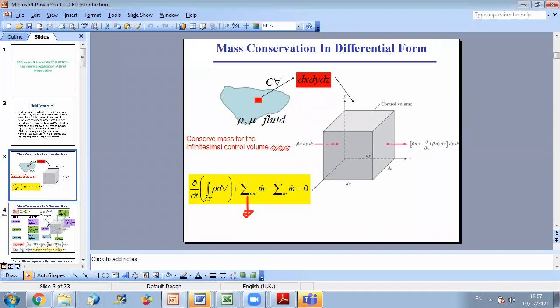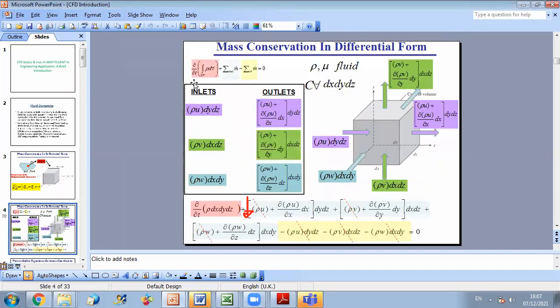Now, if you apply it in detail and you want to derive the differential form for mass conservation, you should consider all fluxes as we talked about, all fluxes coming in, all fluxes getting out, and the transient term. So if we want to detail this relation, we should express the mass flow rates at inlets and outlets.